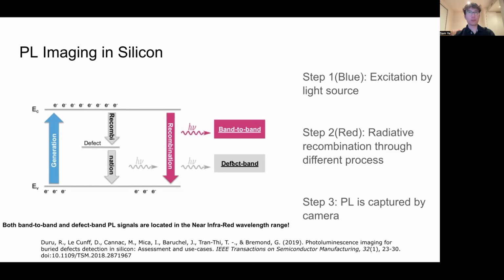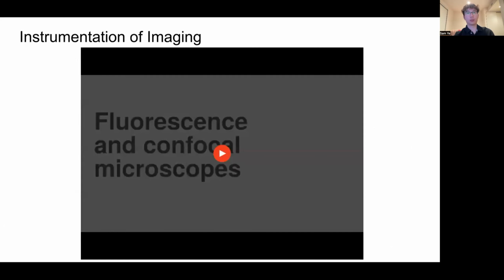But fortunately, both of them are located in the NIR range, and we can use band-pass optical filters coupled with highly sensitive cameras operating in the NIR wavelength range. This approach helps us to enhance the signals and provide enough information about defect densities and types for quality control. So next, I'm going to play a very short video on the instrumentation of PL imaging.